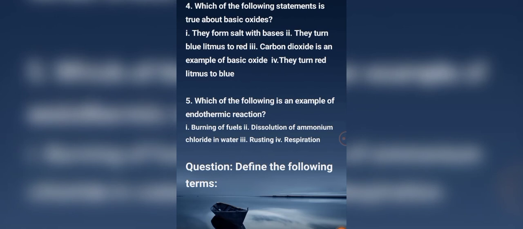Question number 5. Which of these following is an example of endothermic reaction? Burning of oils, dissolution of ammonium chloride in water, rusting and respiration. Option 2, dissolution of ammonium chloride in water is the right answer.